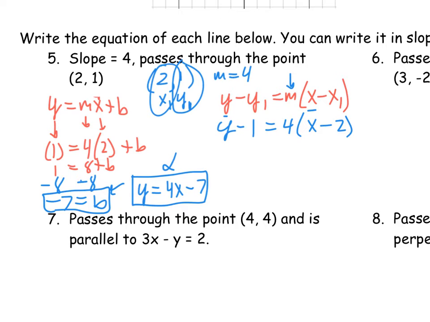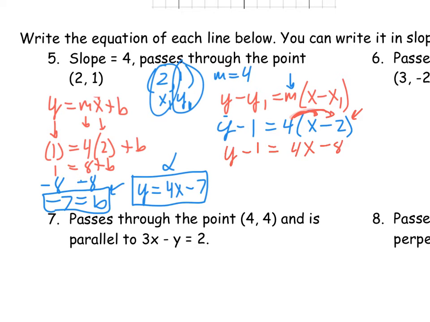I'm going to multiply by 4, distribute it through the quantity. Some people forget it's 4 times x, that's 4x, but you also have to multiply it by that -2. And 4 times -2 is -8. So we got y minus 1 equals 4x minus 8.